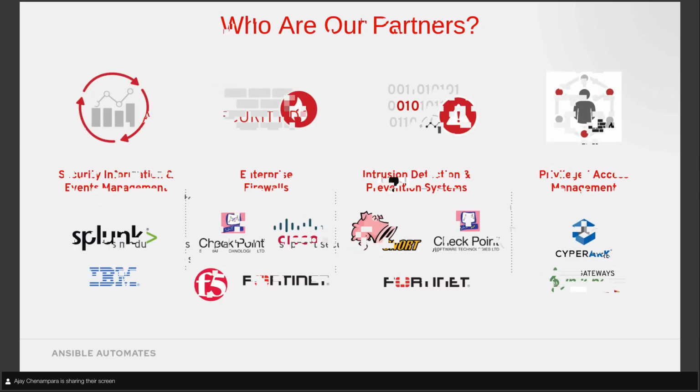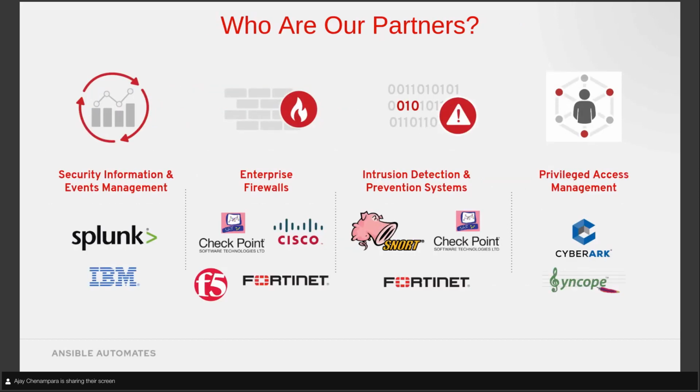The approach that Ansible Security Automation has taken to address this use case is through 4 specific pillars, so the tools fall into 4 specific categories. We have the SIEM tools, which are correlation engines, log and event correlation engines like Splunk and IBM.